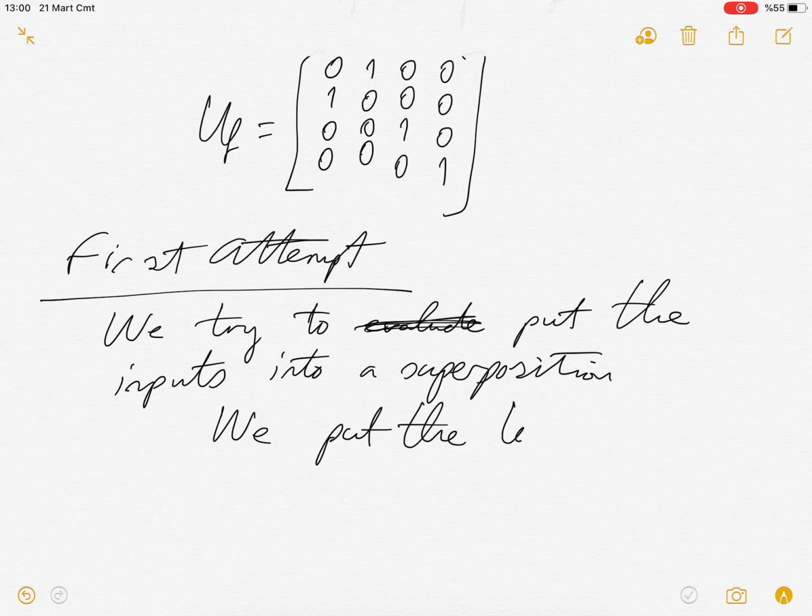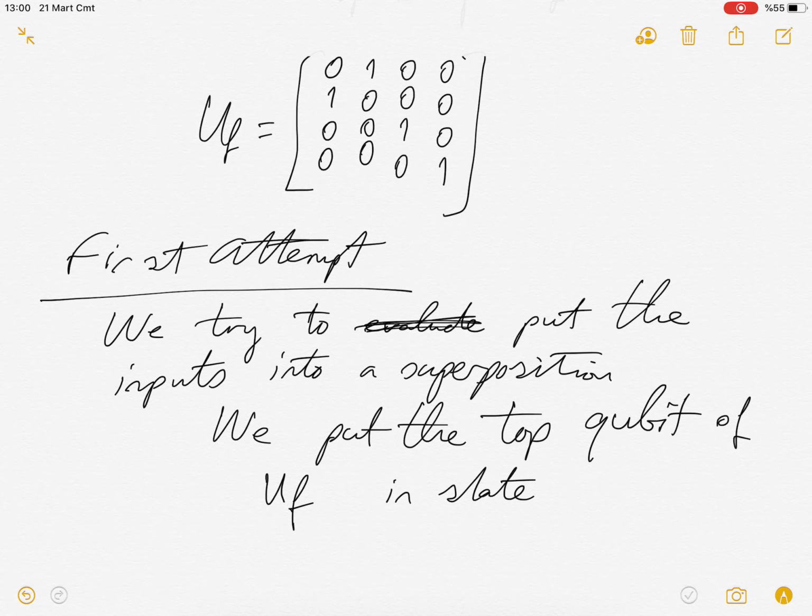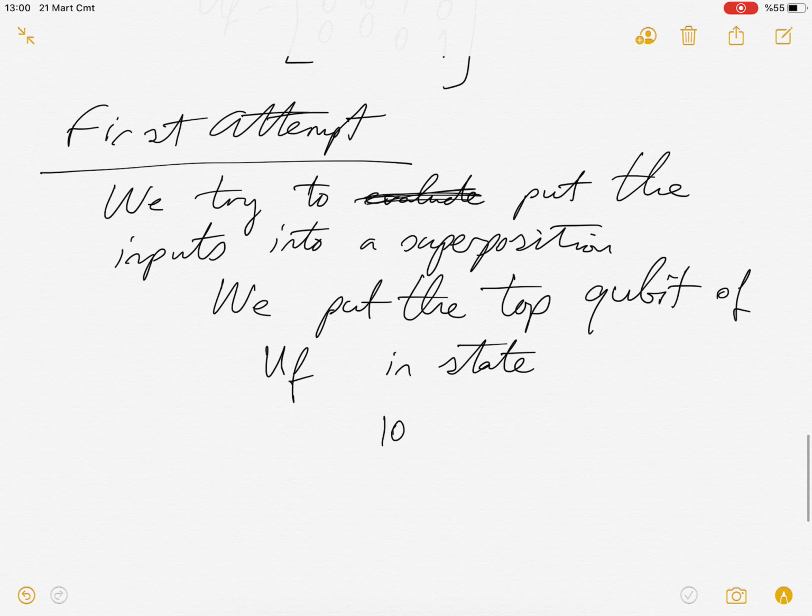So we put the top qubit of UF in state ket 0 plus ket 1 divided by square root 2.